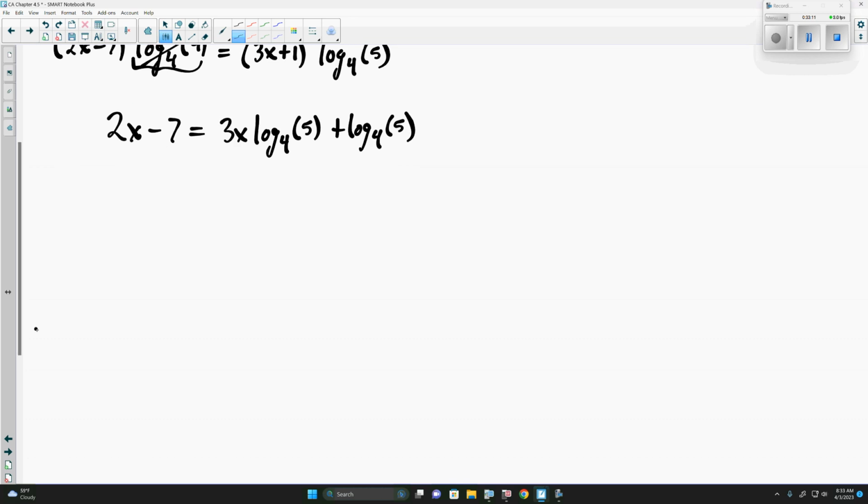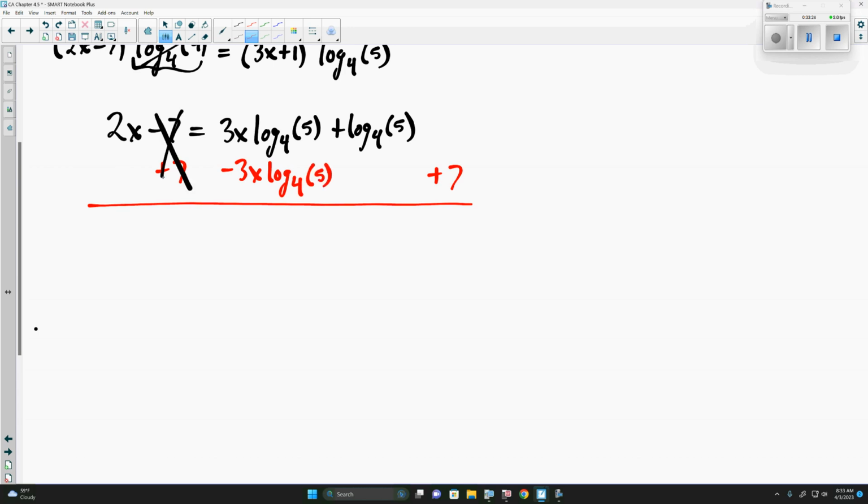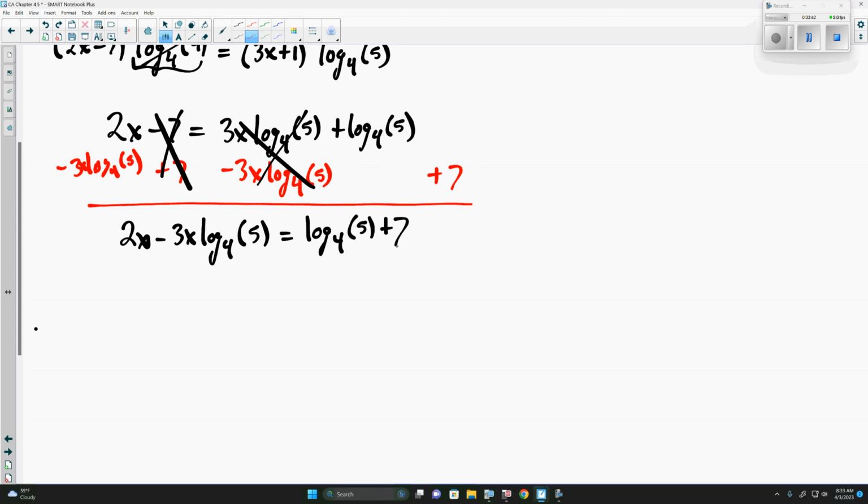Again, we still need to get the x's together and the numbers by themselves. So I can add 7 to both sides. I can also subtract the 3x log base 4 of 5. These will cancel. Telling us that we have 2x minus 3x log base 4 of 5 is equal to log base 4 of 5 plus 7.